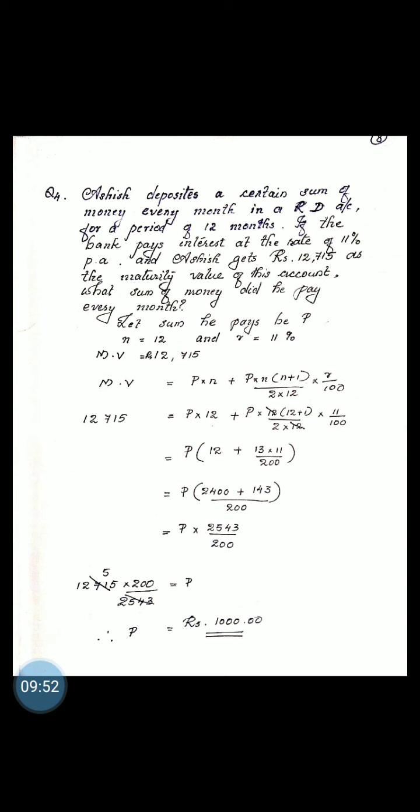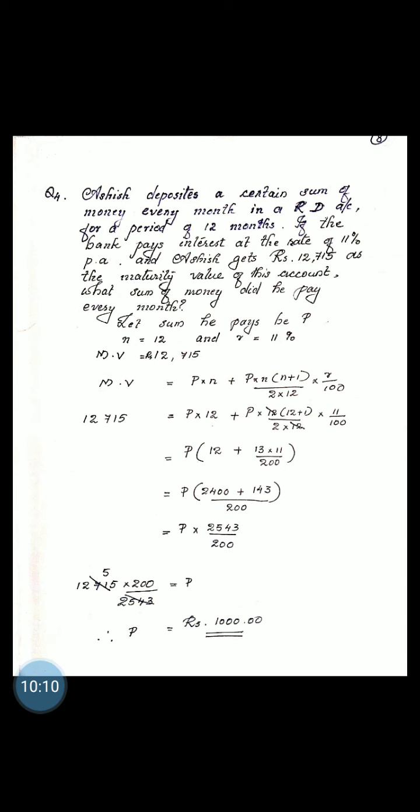That is the question. Here, what is to be found out? The amount of money he paid every month, that is, P is to be found out.